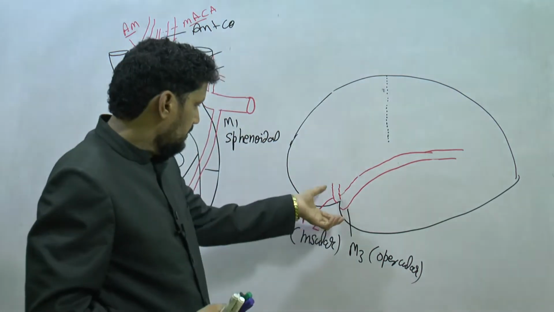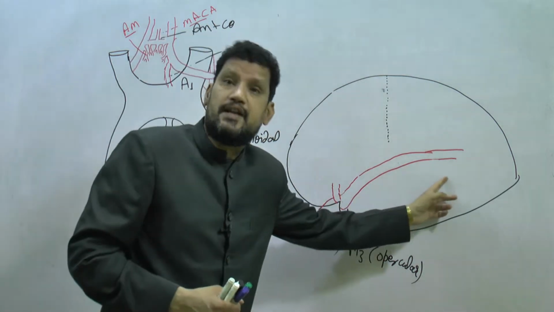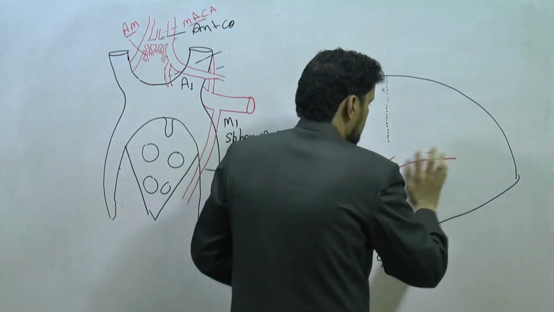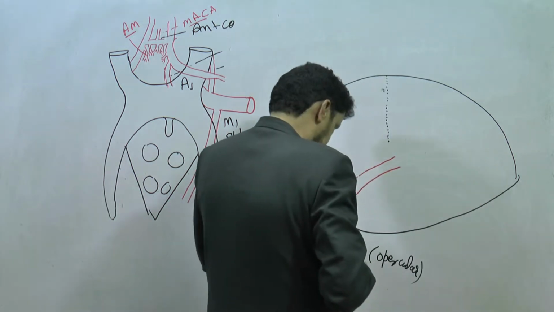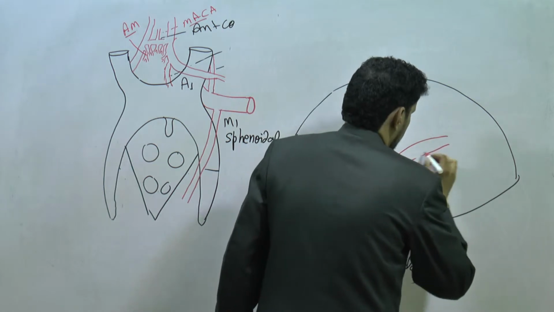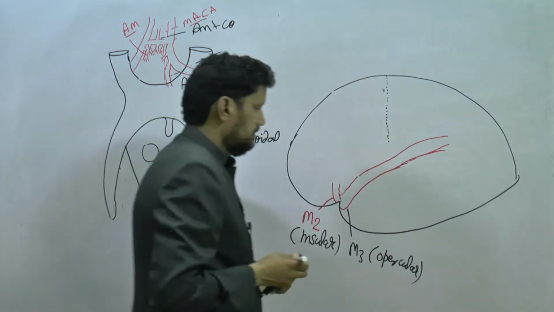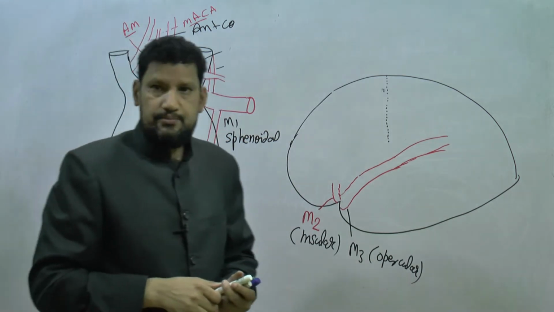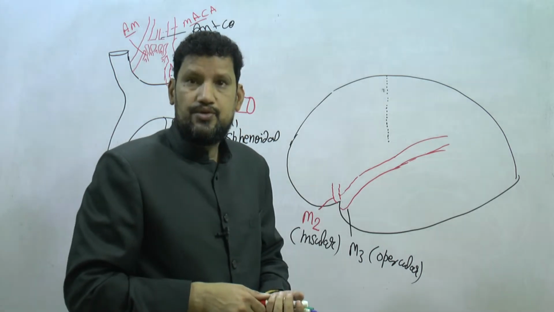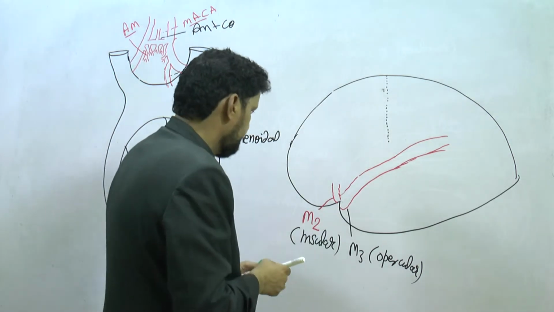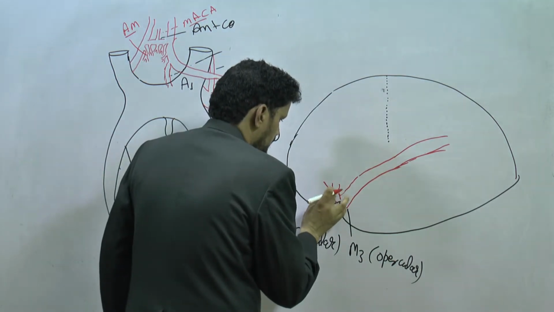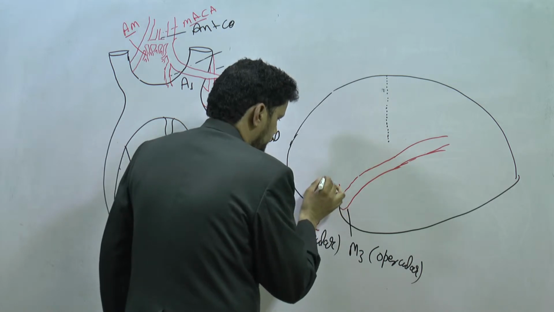So after coming out of the lateral fissure, the artery is running backwards and upwards in the posterior ramus of the lateral sulcus. Among the branches of the middle cerebral artery is the lenticulostriate artery, a central branch.